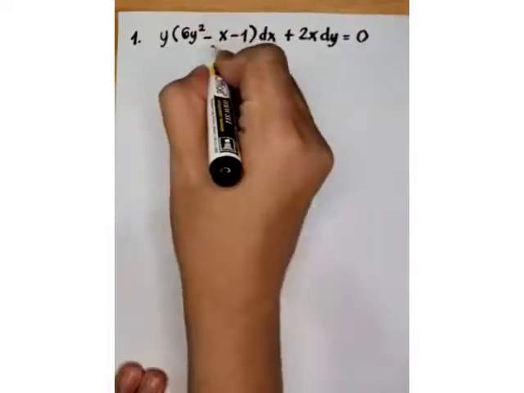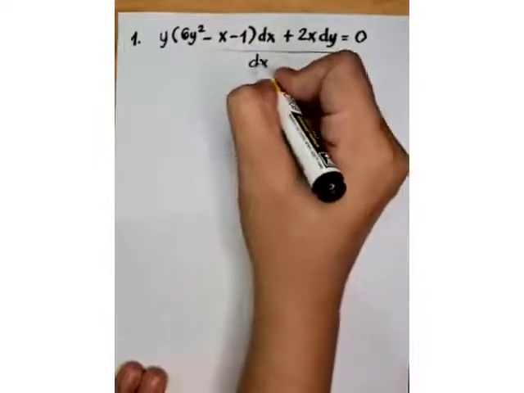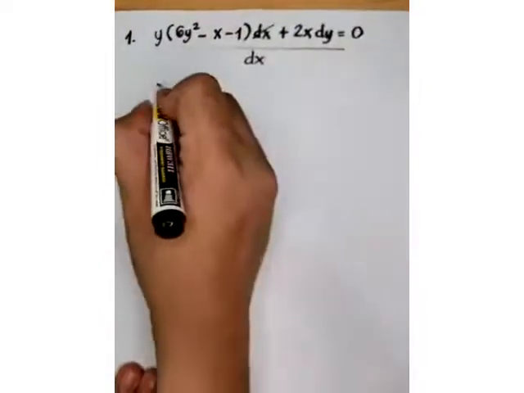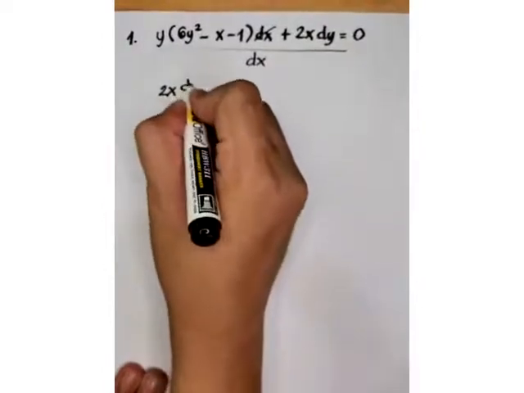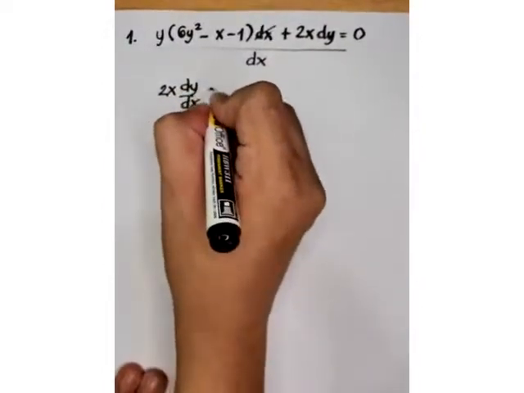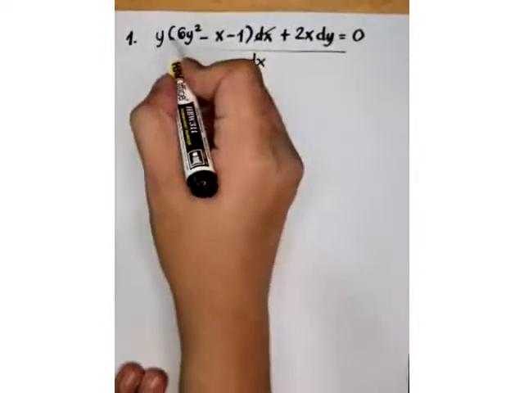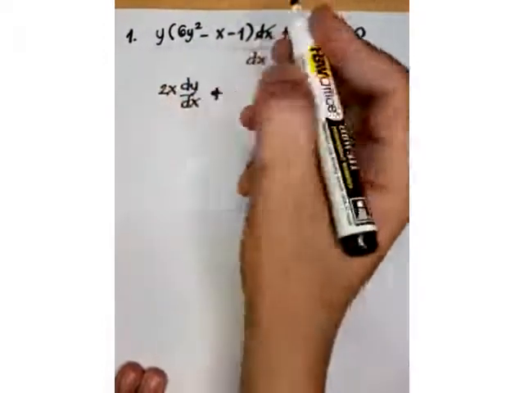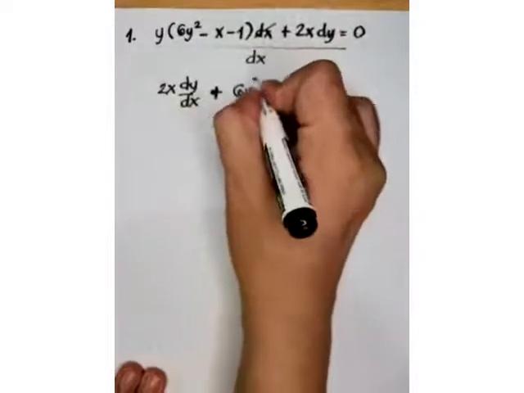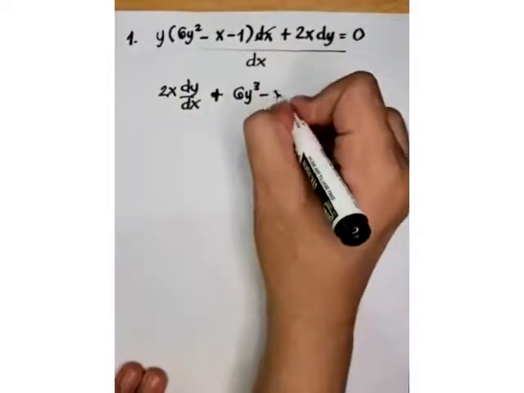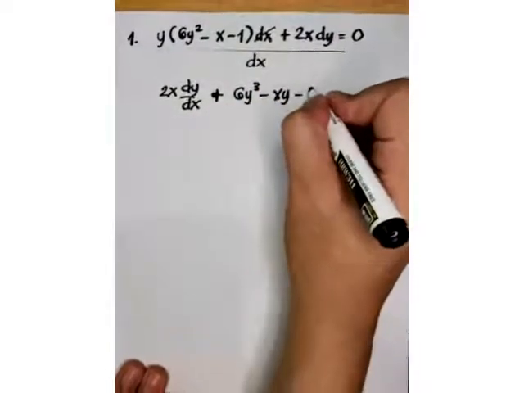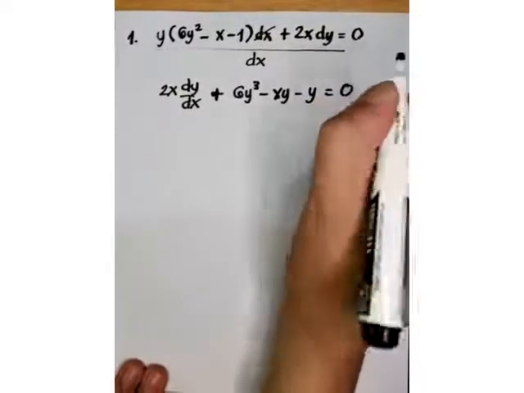So kailangan ko nang i-divide to ng dx para makancel ito. So I'll have 2x times dy over dx. Plus, and then I will distribute this lahat. So I'll have 6y cubed minus xy minus y is equal to 0.